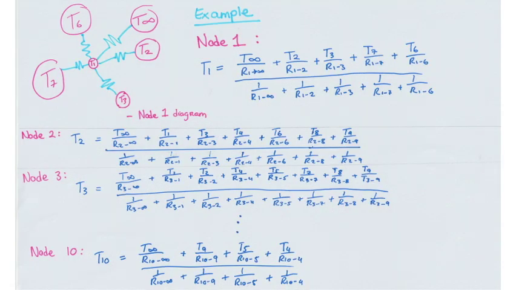I just did out an example here for a few of the nodes. You can see up in the left hand corner, this is an example for node 1, and we have 5 resistors coming out from it. To find our unknown temperature, we can use this equation and we can solve them simultaneously.